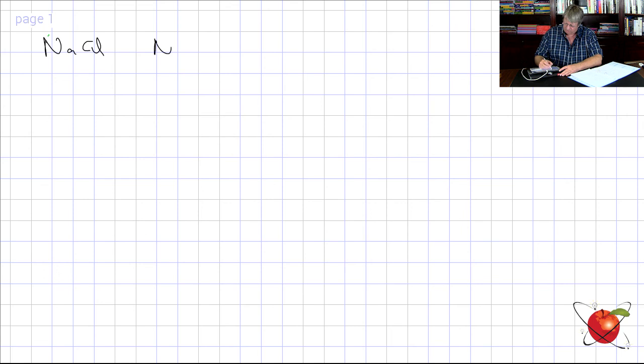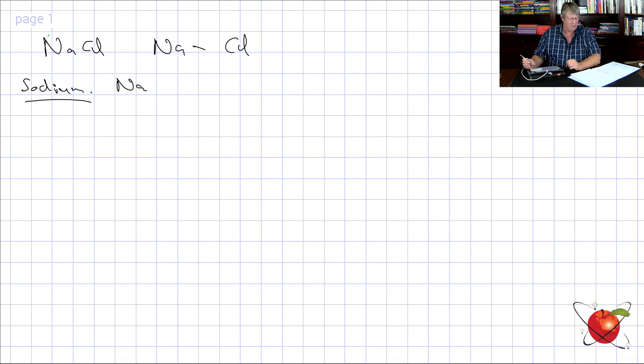We know that we've got a sodium and a chlorine that are bonded together. So we start off, let's have a look at sodium first. Na. Obviously I've worked them all out prior to this.